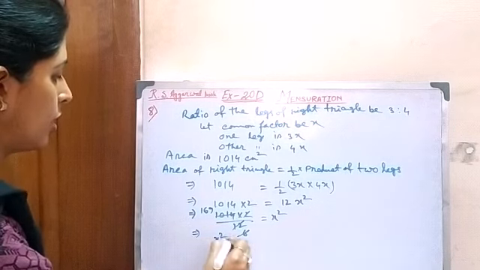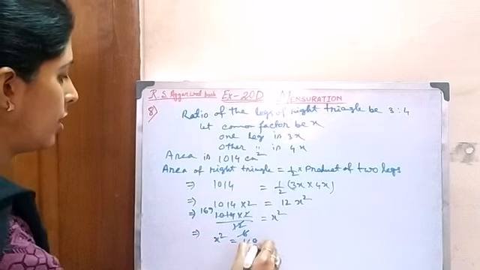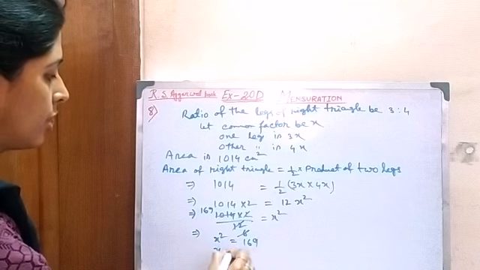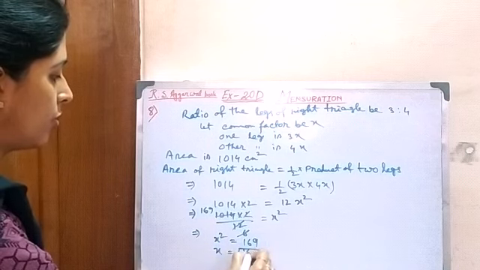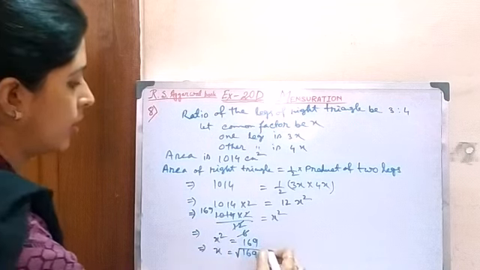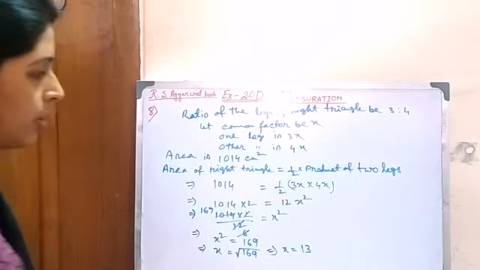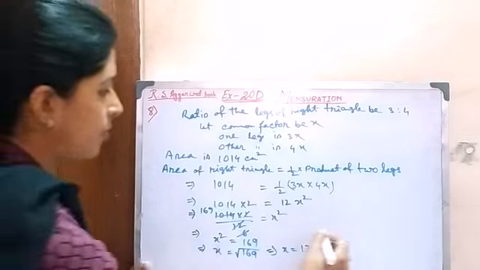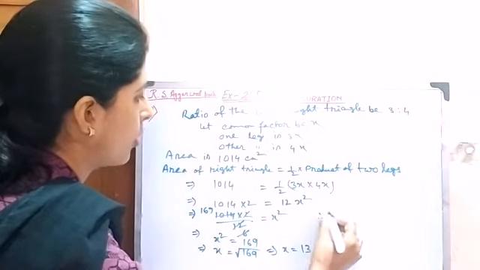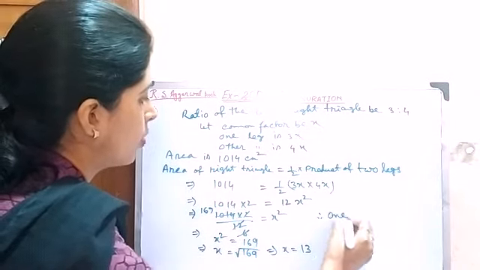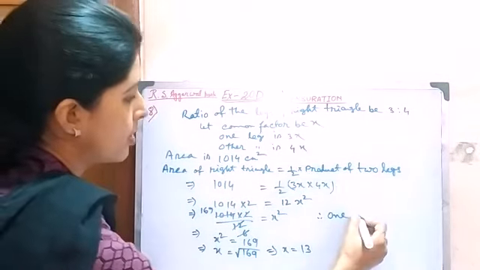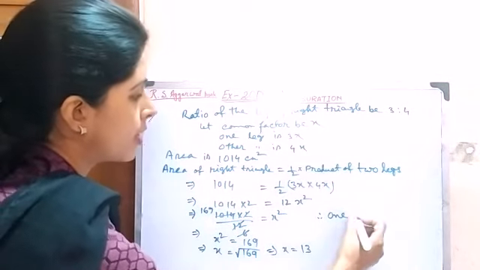So x square equal to 169. So x equal to root over 169. Then x equal to 13. So here I put the value of x in 3x and 4x.